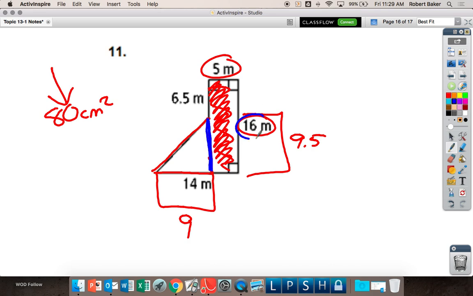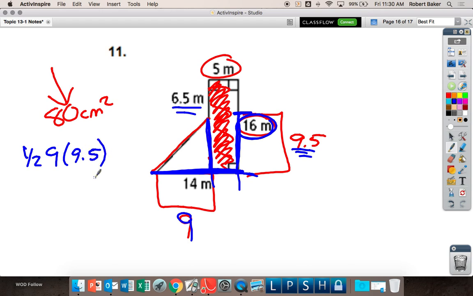Well, if the whole piece is 16 and I take away 6.5, it'll land me this length right here, aka 9.5. Then the same thing goes. If this whole length is 14 and I take away 5 units, it leaves me with 9. So then you have to do 1/2 the base times the height.